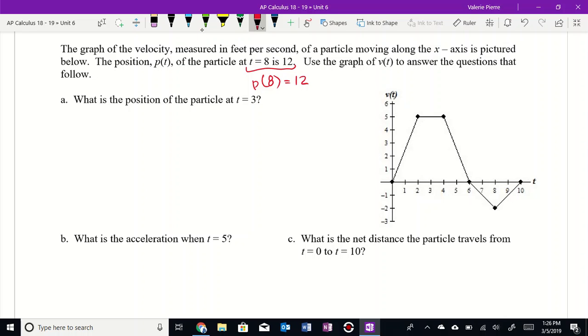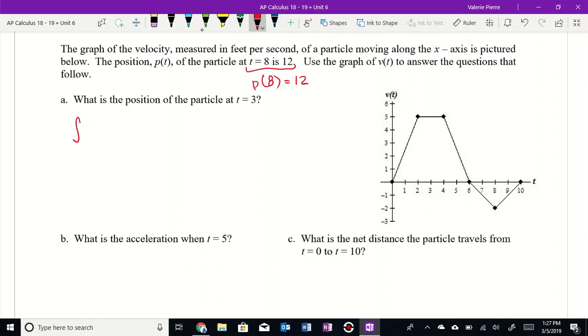We want to know what the position of the particle is at t equals 3. So to do that, we have a position at 8, and we need a position at 3.